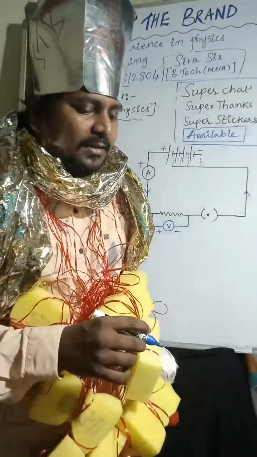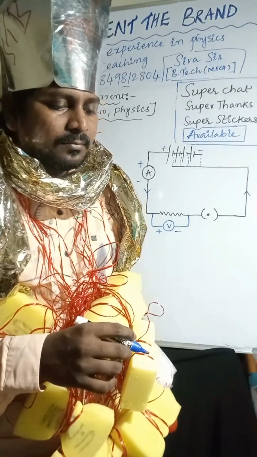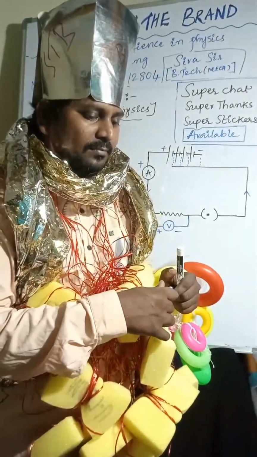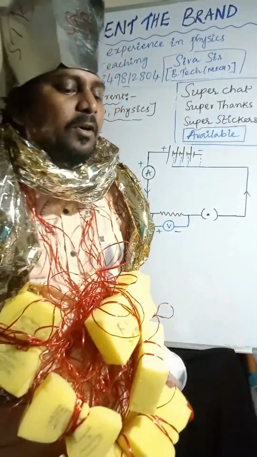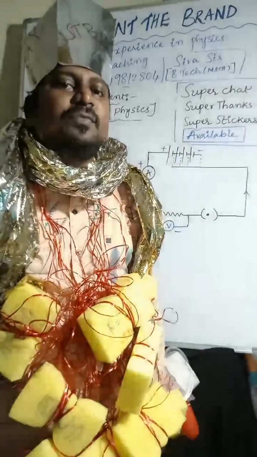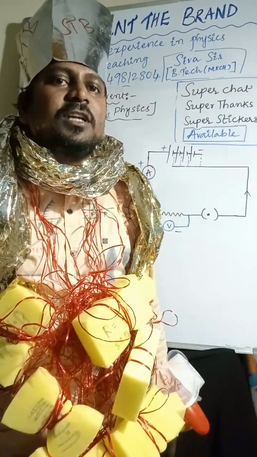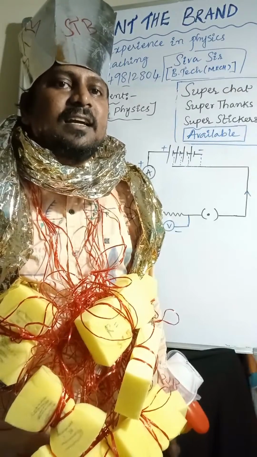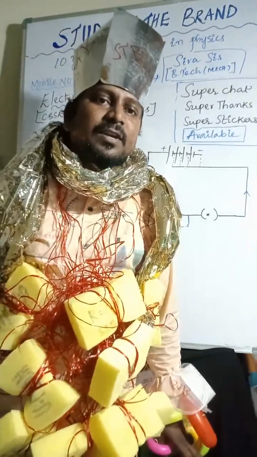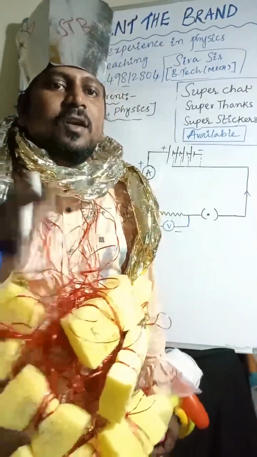Ohm's law is nothing but: the potential difference across the ends of the given metallic conductor is directly proportional to the current flowing through it at a constant temperature.